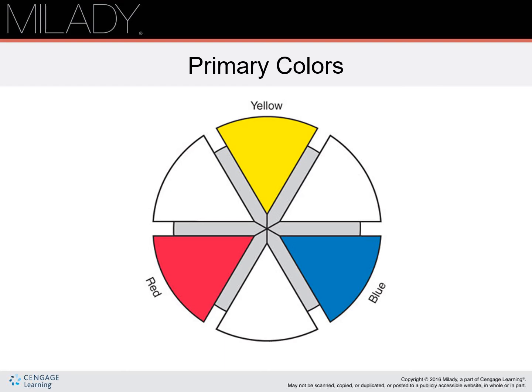Okay, so let's talk about black. We don't see a black on these primary colors, but we need to talk about black. Okay, when all three of these colors are present and all three of them are mixed in equal proportion, the resulting color is going to be a black or a dark muddy gray, depending on the saturation of the pigment.